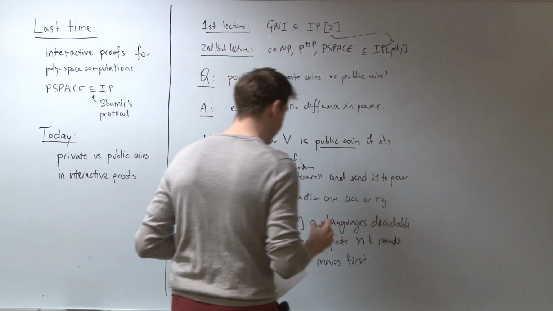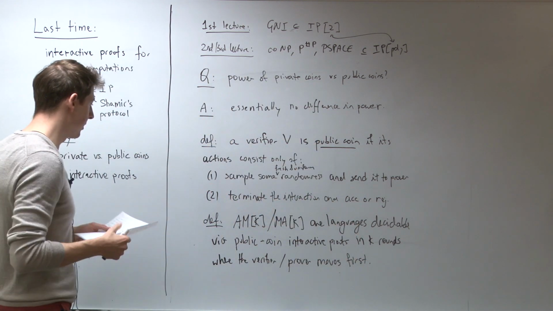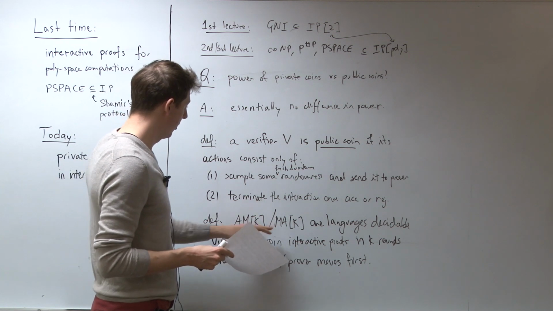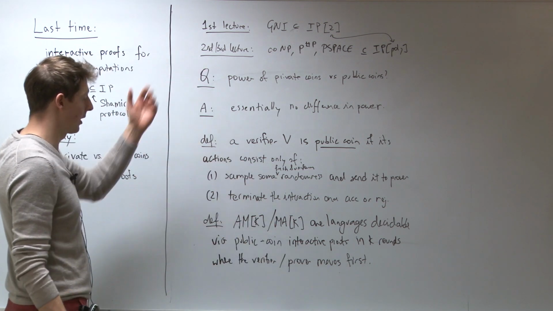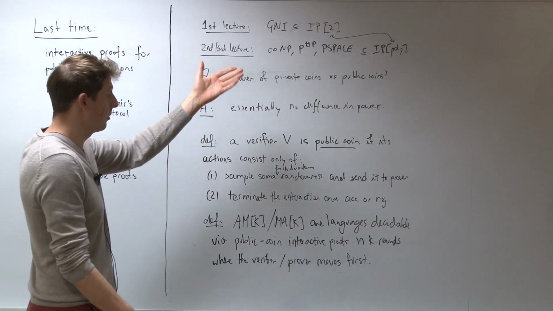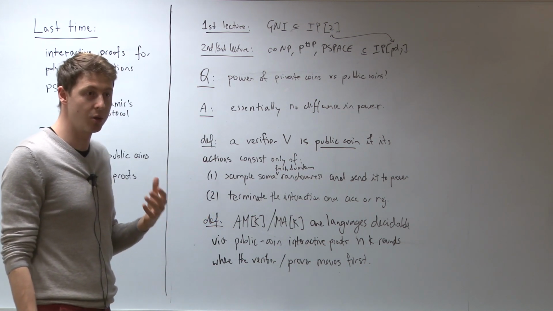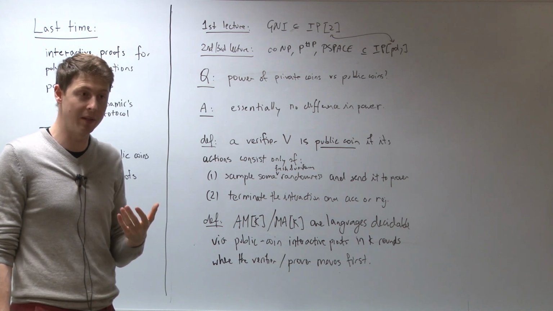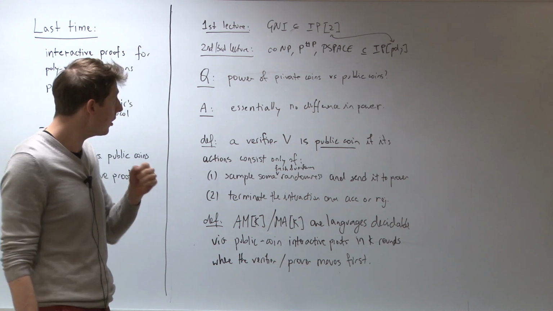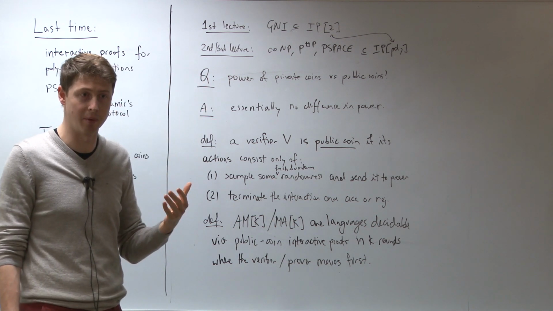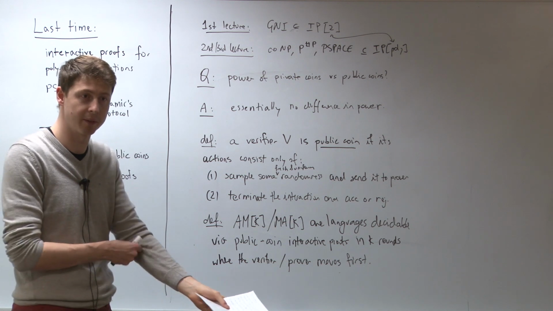So just some context. Why are we calling this AM and MA as opposed to IP? Well, in IP we don't put restrictions on public coins, and for historical reasons, the notion of public coin protocols was independently formulated from interactive proofs in another paper, which is linked on the website.